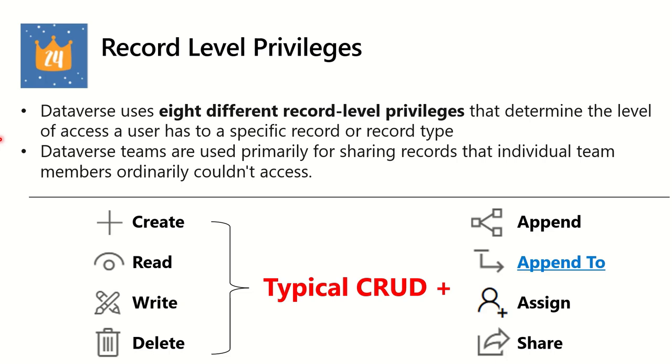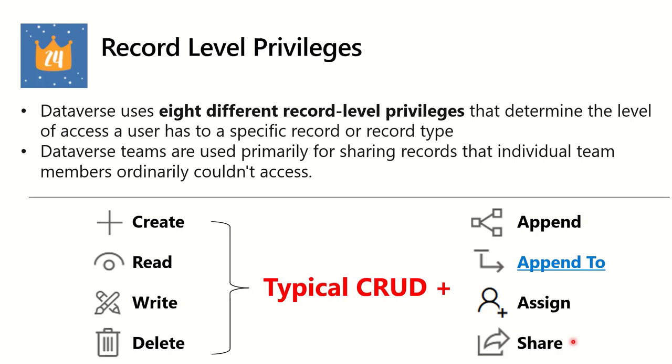Okay? And then finally there's share, and this is fairly typical when we think of sharing. The key thing to remember here is when you have a sharing access, right? You can give access to a record to another user, but in this case, you keep your own access. Okay?